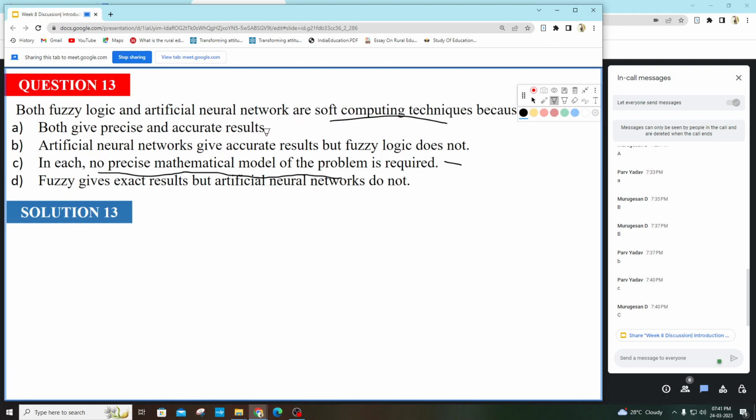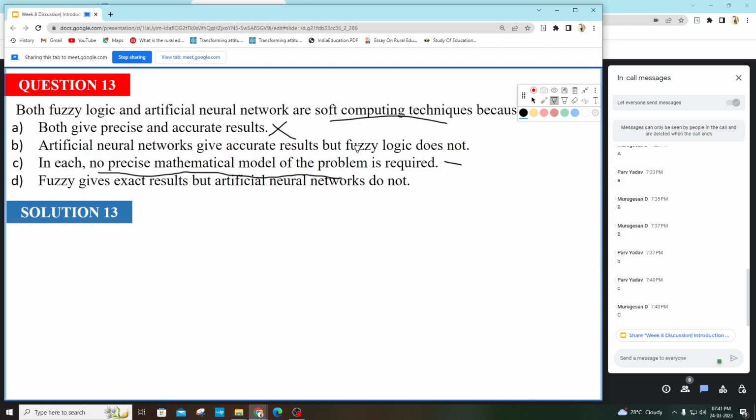More precise results can be obtained with hard computing. Soft computing does not give that much precise result, but we still prefer it because the process is very fast and we do not need any mathematical modeling of the problem. That is why soft computing can be used in real life problems better than hard computing. So this is not correct.